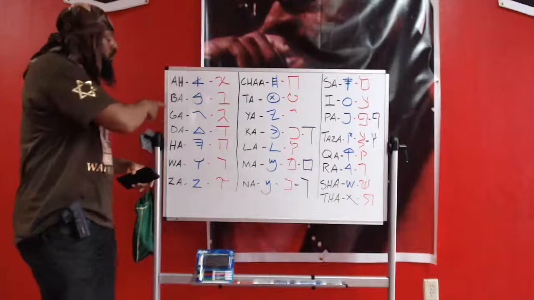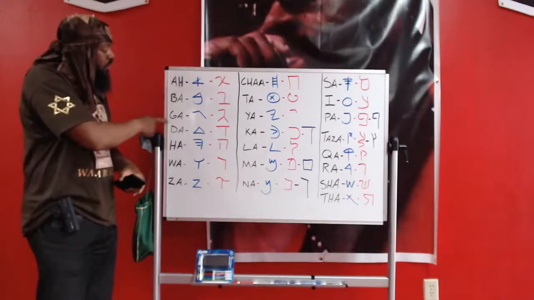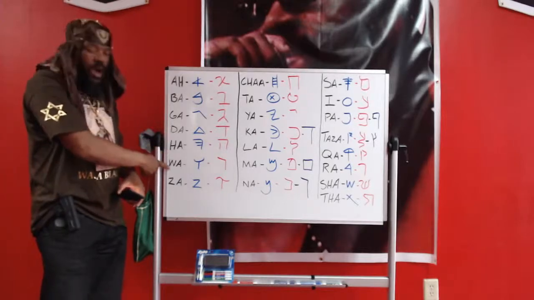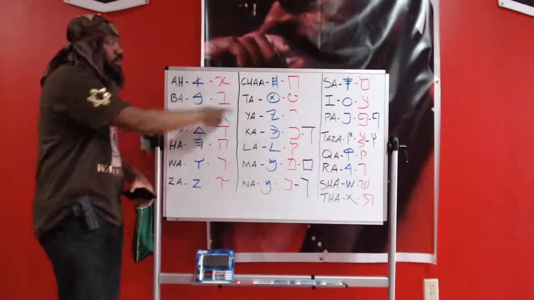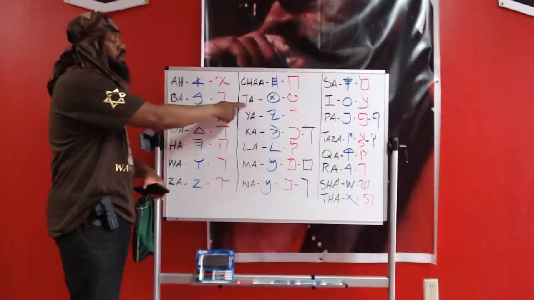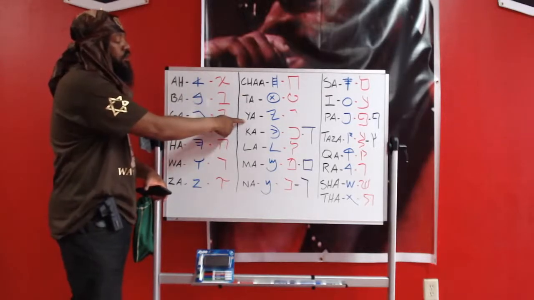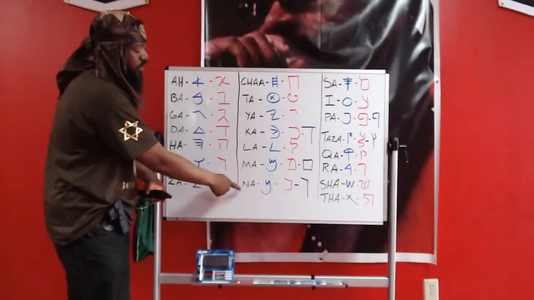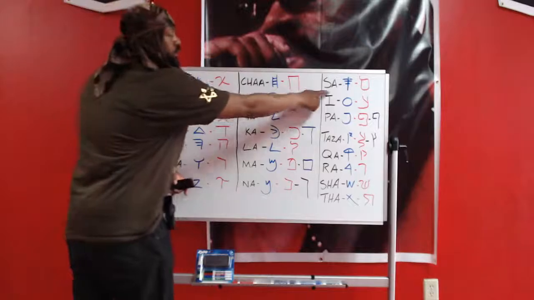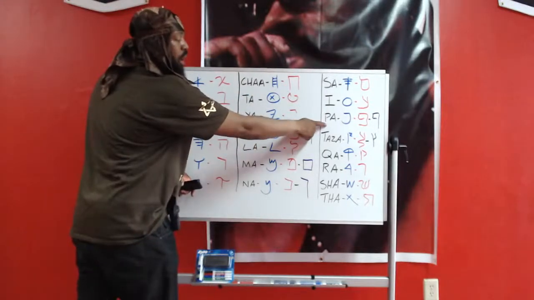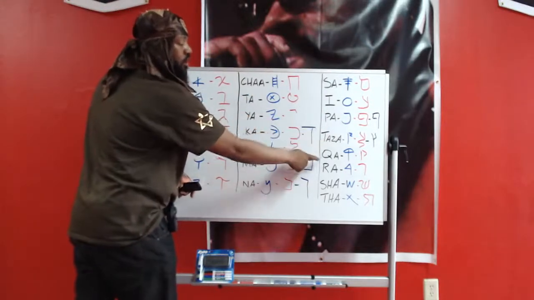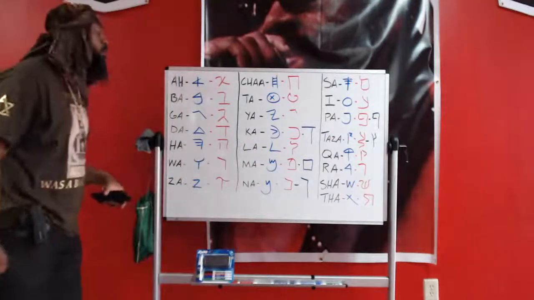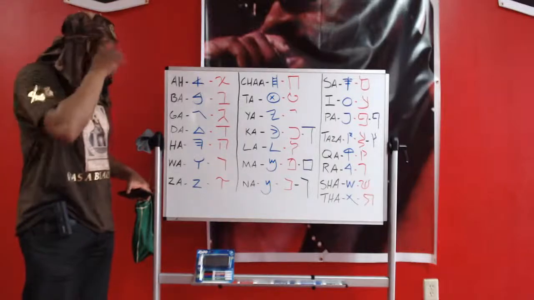A, Va, Ga, Da, Ha, Wa, Za, Ka, Ta, Ya, Ka, La, Ma, Na, Sa, I, Pa, Taza, Kwa, Ra, Sha, Ba. All right, so those are all the letters, the syllables.